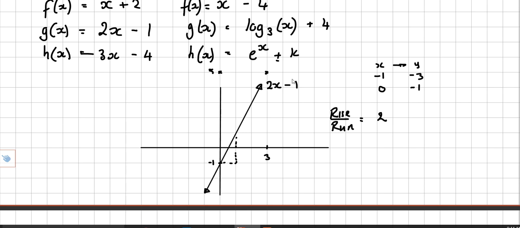So this line is actually an infinite number of points. So for instance, I can have whatever I like. What will a half come out as? So 2 times a half is 1. 1 minus 1 is 0. I could put 3/7 in to get another point. What would that end up being?